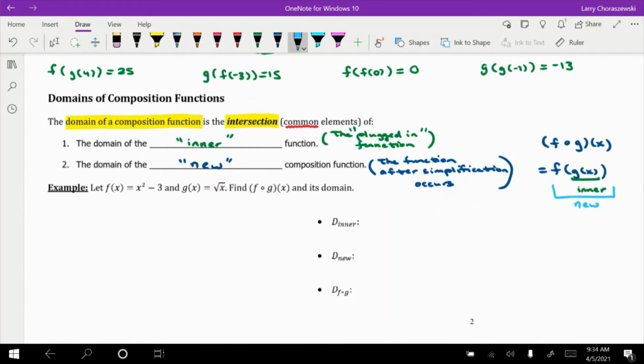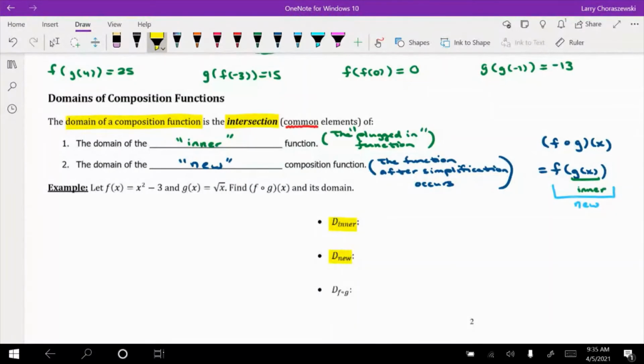And in the next few examples that are on deck right now, I indicate the domains with D subscript notation. So if you look at this upcoming example, we have 3 bullet points here. And the first bullet point is labeled as D inner, or dinner. That represents the domain of the function that's getting plugged in.